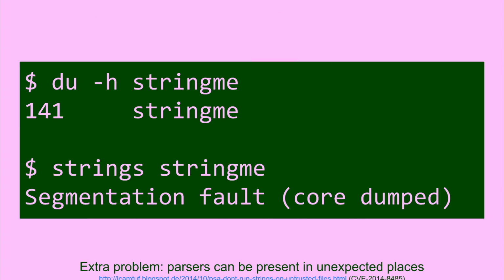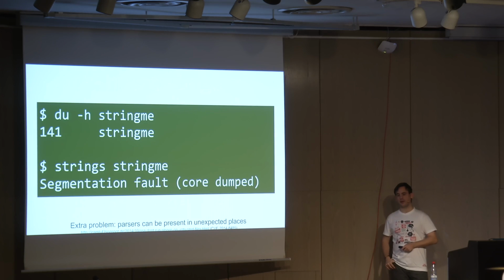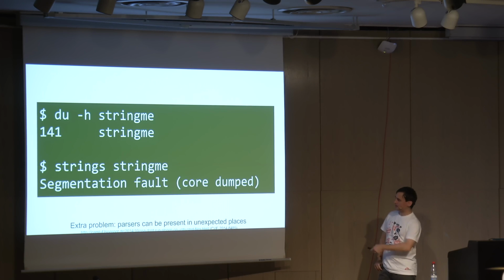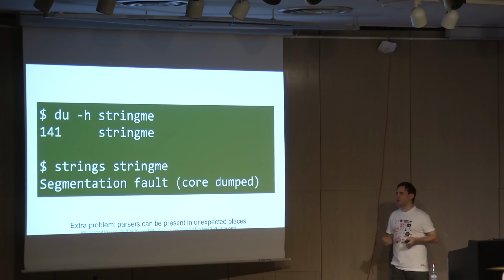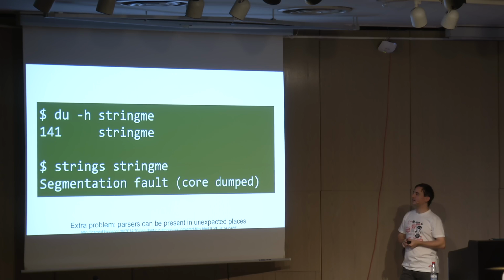Okay, so another problem for security in general is that you have unexpected parsers, and that's not mine, but that's from Elkaim Tuff, who basically found exploitation via the strings command. So that's a CVE, and basically you would expect that strings, the command line tool, doesn't parse anything, but just looks for strings.